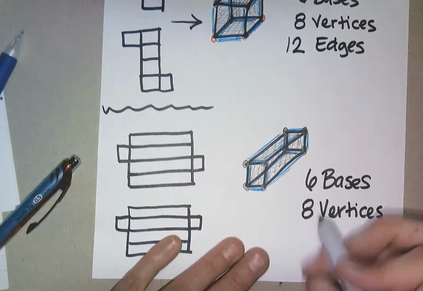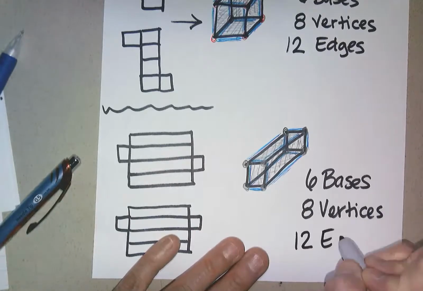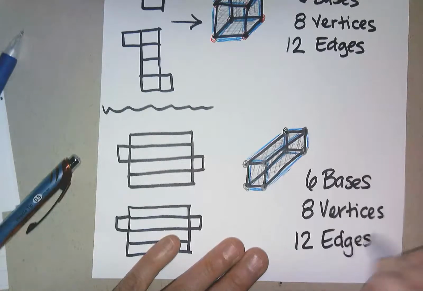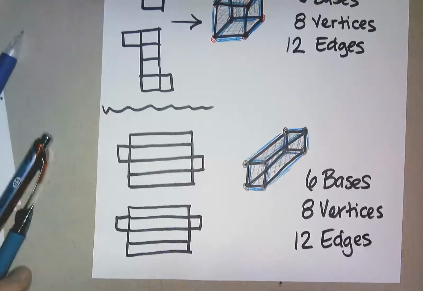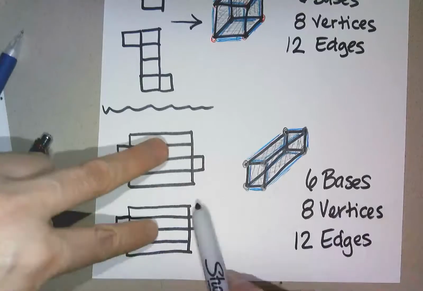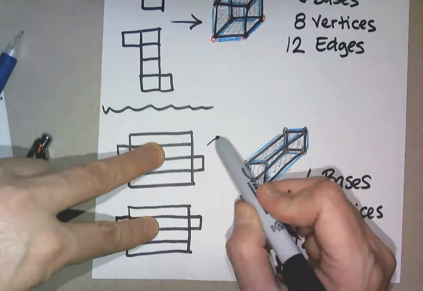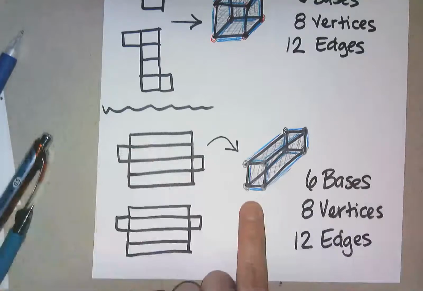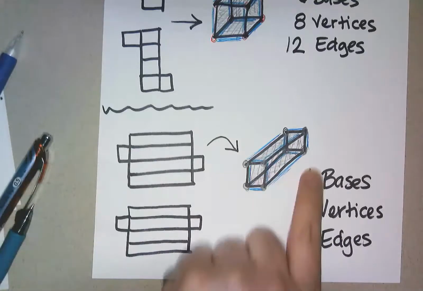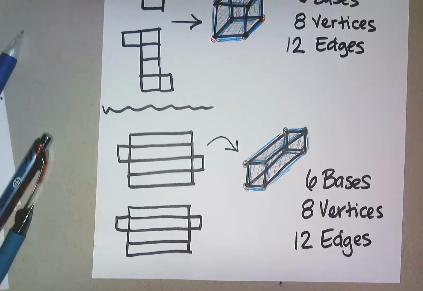So 12 edges. So remember, when you see a net that you recognize, change it over to the 3D shape. Then you can confidently find your bases, your vertices, and your edges.